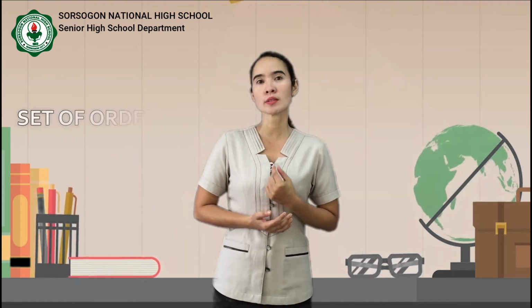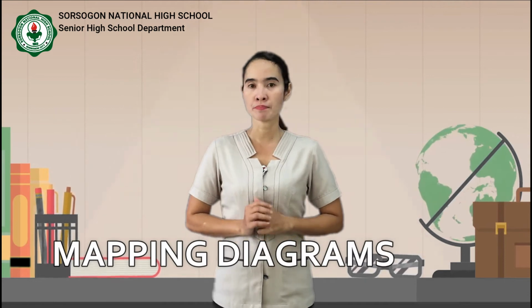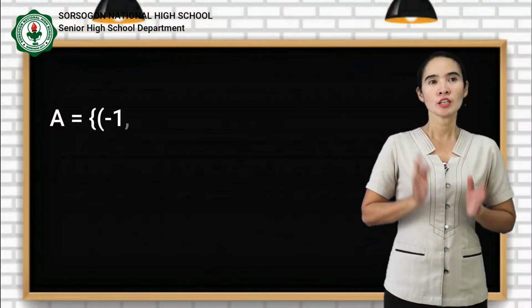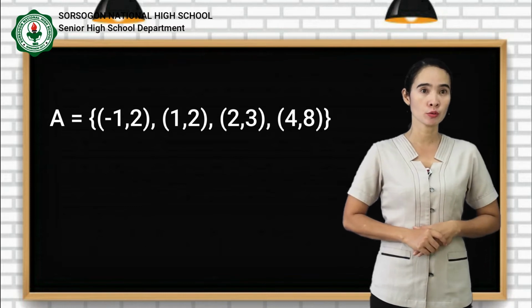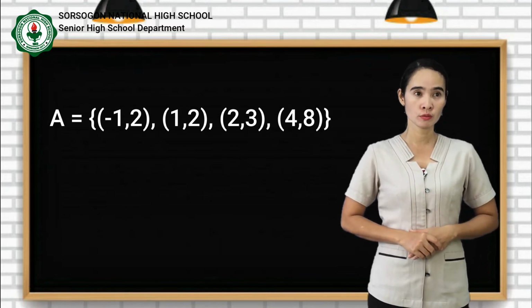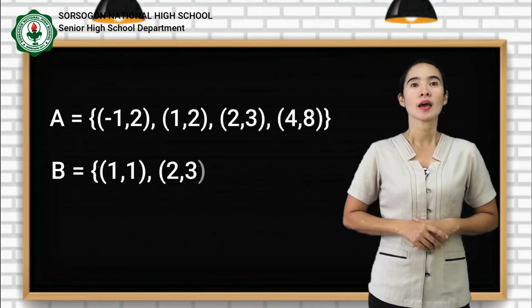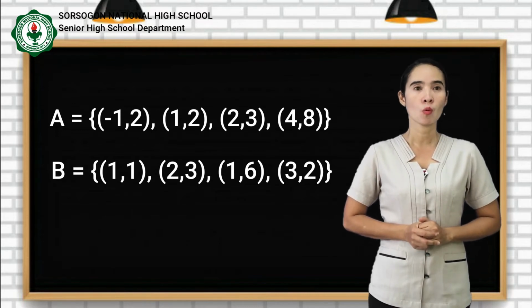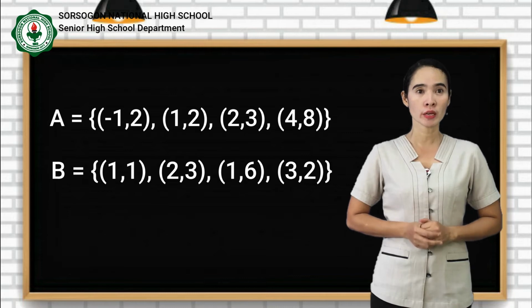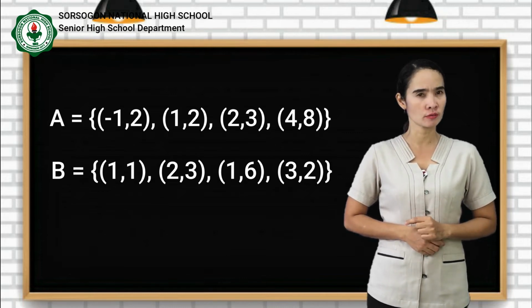Let's start with the set of ordered pairs, table of values, and mapping diagrams. Given set A with ordered pairs (-1, 2), (1, 2), (2, 3), (4, 8), and set B with ordered pairs (1, 1), (2, 3), (1, 6), (3, 2), which set represents a function?